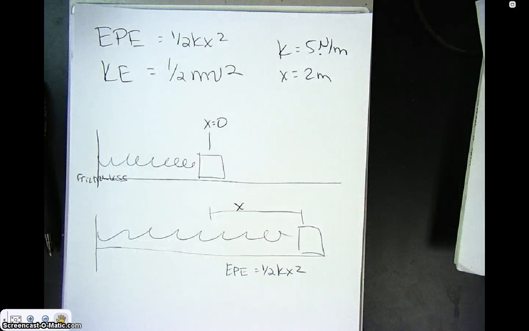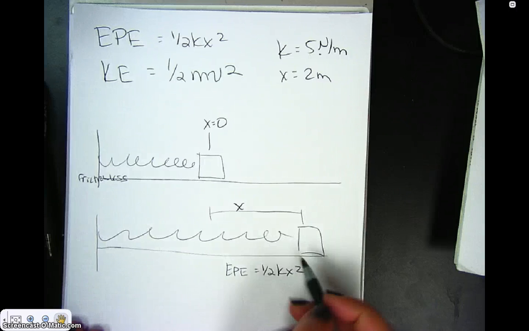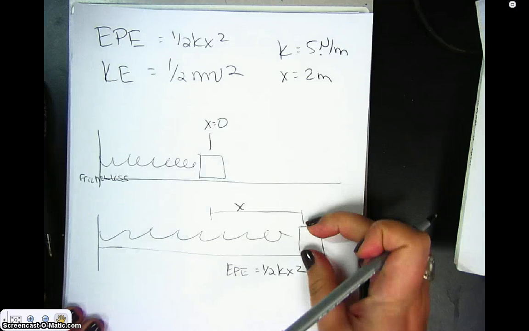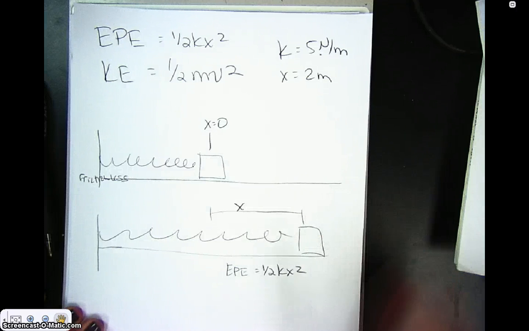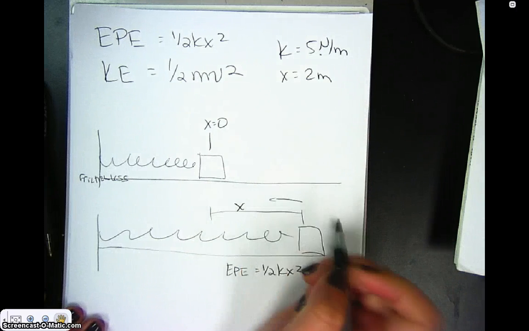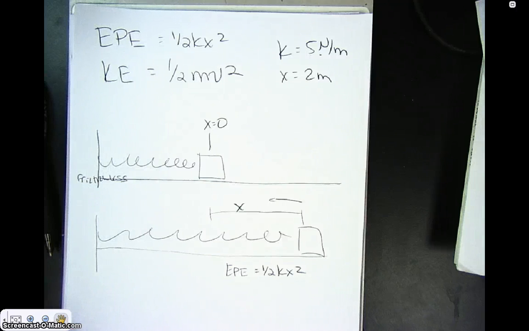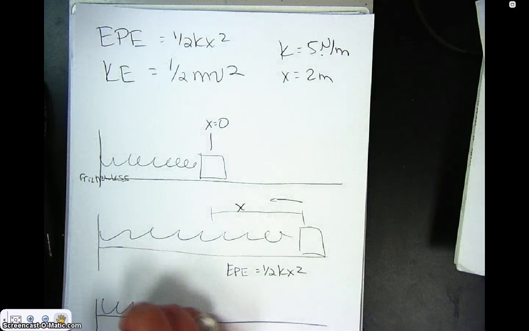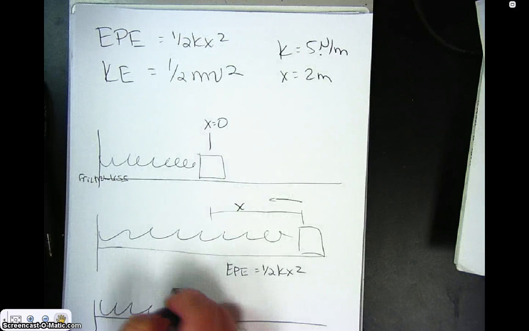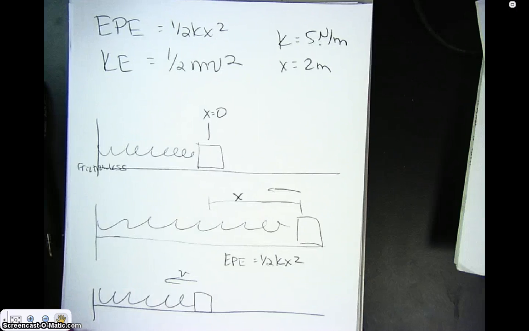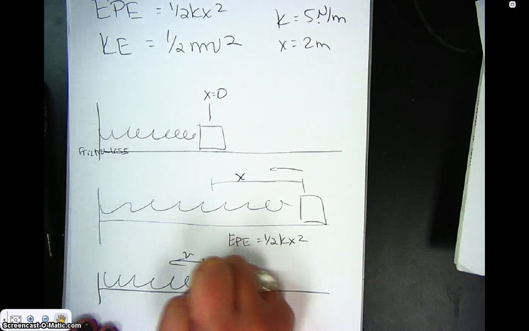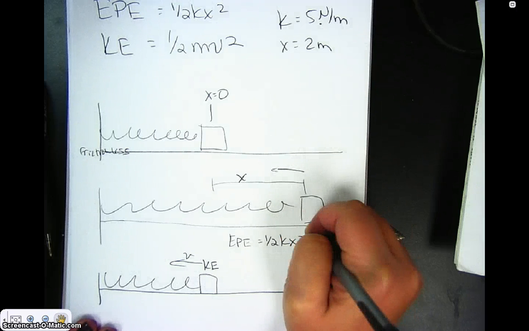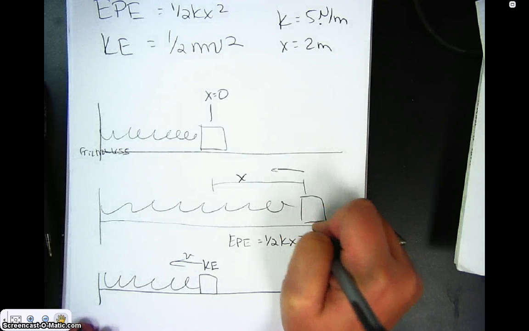Now, once I release it, this object is going to start to move back in this direction, increasing its velocity. So at this position, it will have some velocity in this direction, and it will have kinetic energy, which is equivalent to the stored elastic potential energy that I had here.